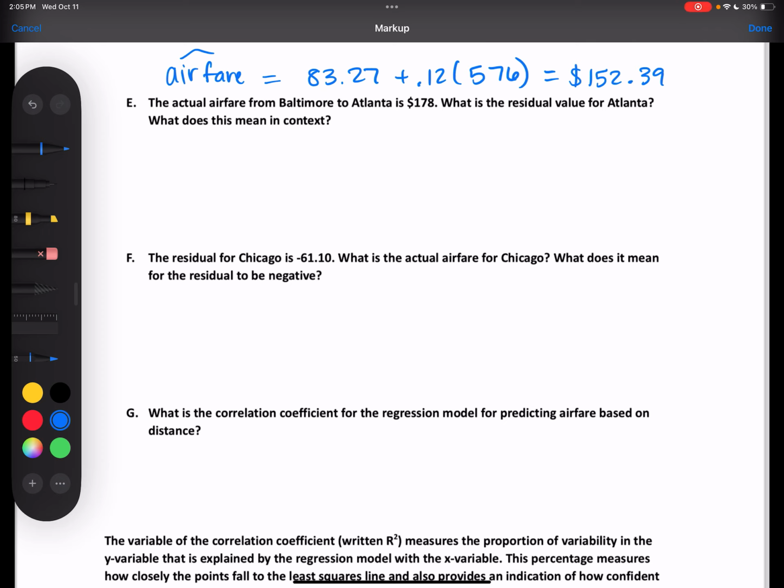So that's going to be actual minus predicted. So the residual is going to be actual was 178 minus, it would have been predicted to be 152.39.